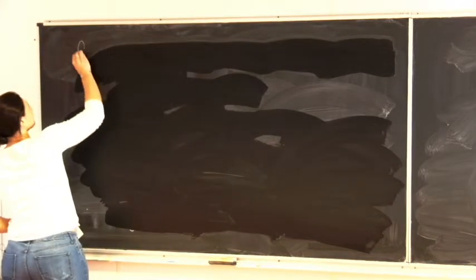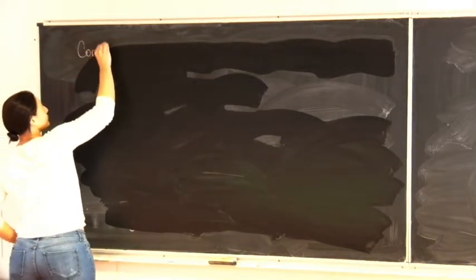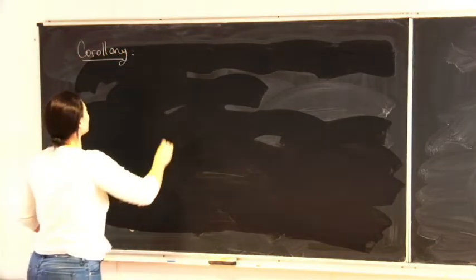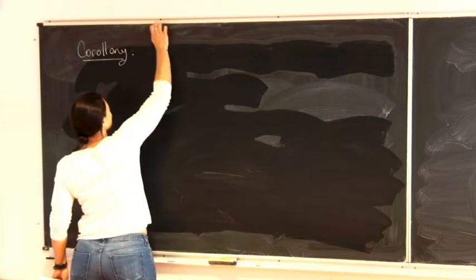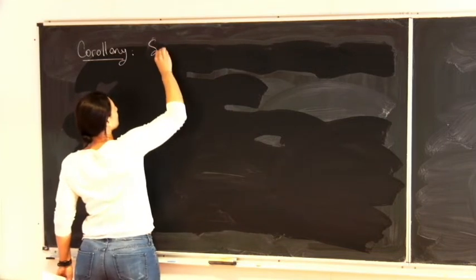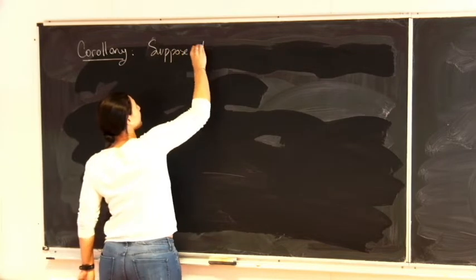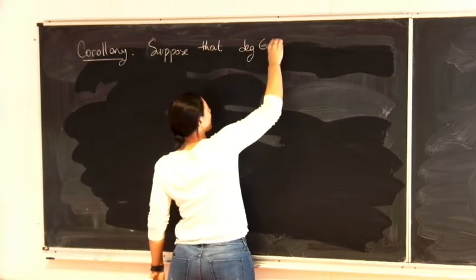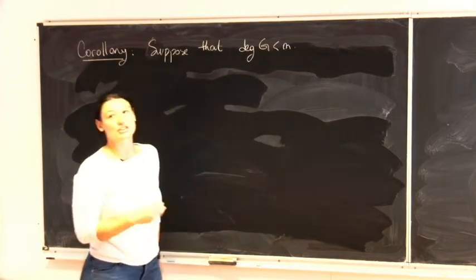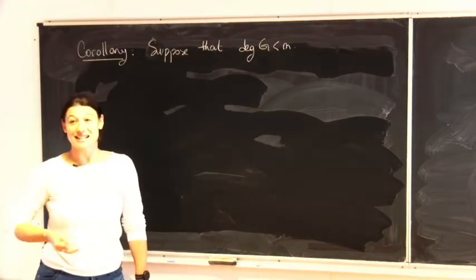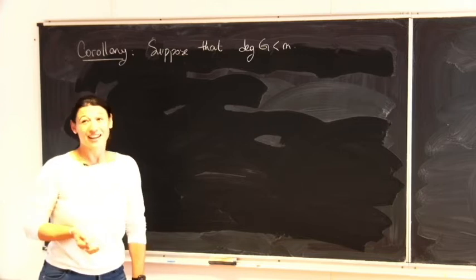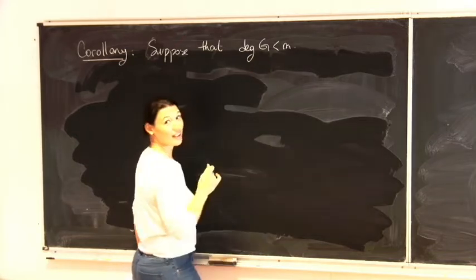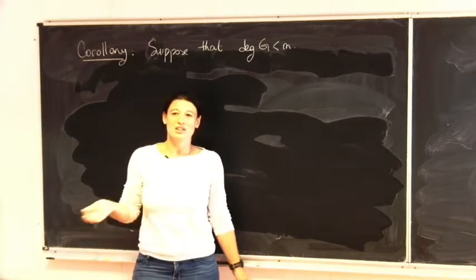So the corollary is now, suppose that the degree of G is less than n. Of course, our bound for the minimum distance is n minus degree of G. If I get a G such that the degree is greater or equal than n, then the bound for the minimum distance is trivial.